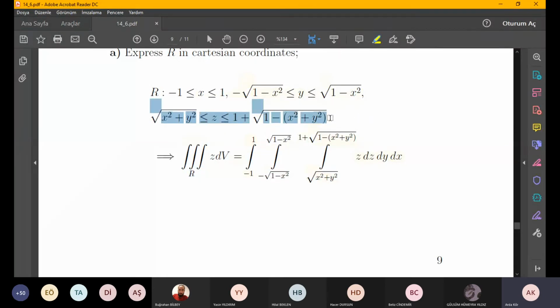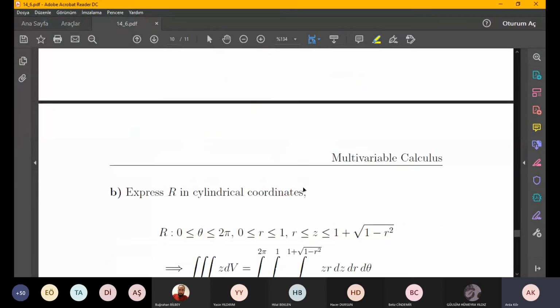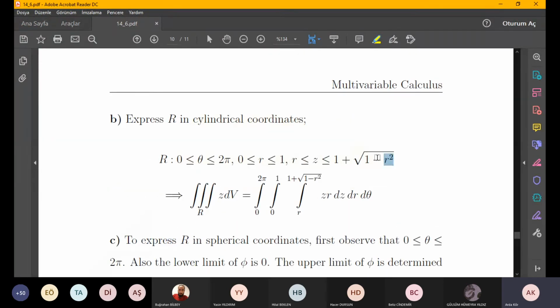After you use cylindrical coordinates, the lower limit becomes square root of r squared, which will be r, and the upper limit becomes 1 plus square root of 1 minus r squared. So this will be the limit of integration in cylindrical coordinates with respect to z.